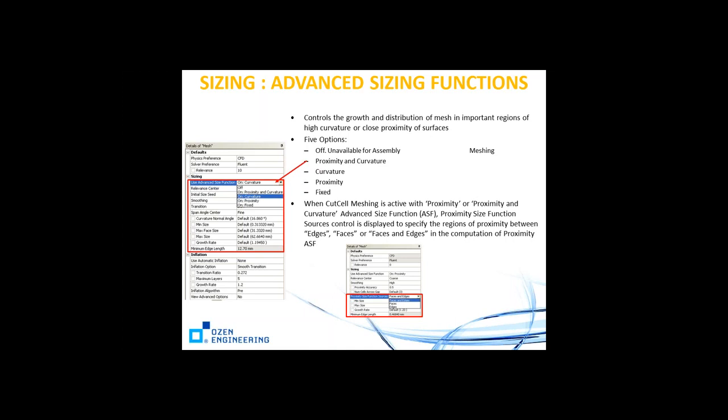And if these small holes are very close to each other or very close to the edge, you may want to turn on curvature and proximity. Then ANSYS will start adjusting the mesh for these tiny holes, and it's going to fill them in. It's going to pay a lot of attention to these small features, and it will also pay attention to the case where these small holes are very close to the edge, and it will put a lot of elements in those locations as well. So that's called advanced size function, or in short, ASF. It's really a very good feature in ANSYS meshing, especially for CFD problems.